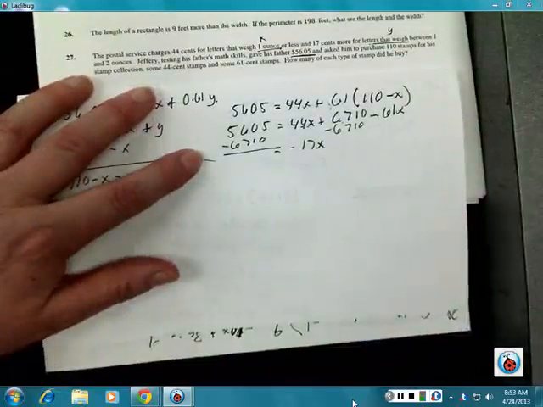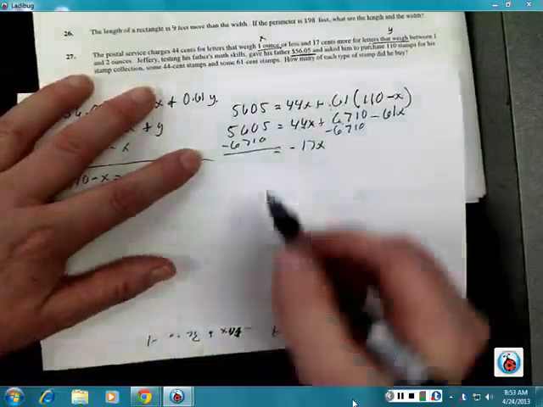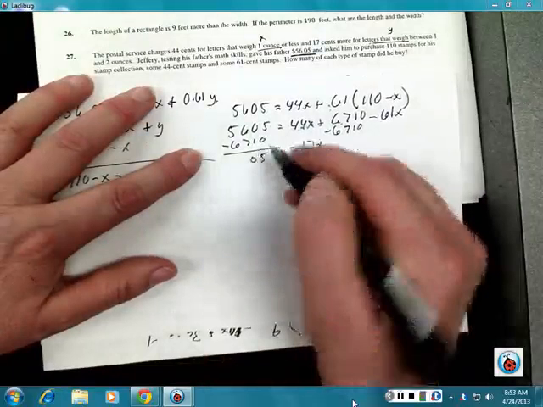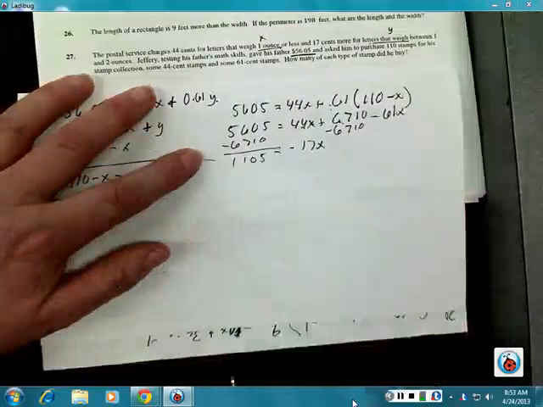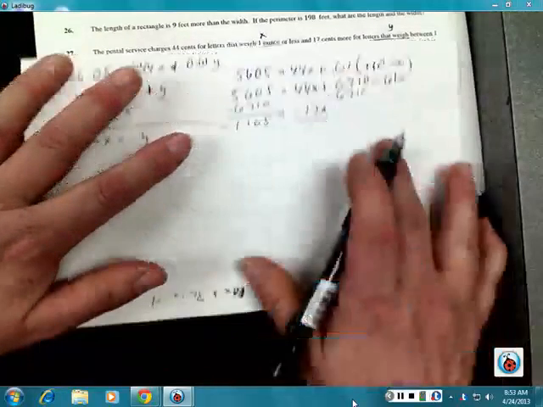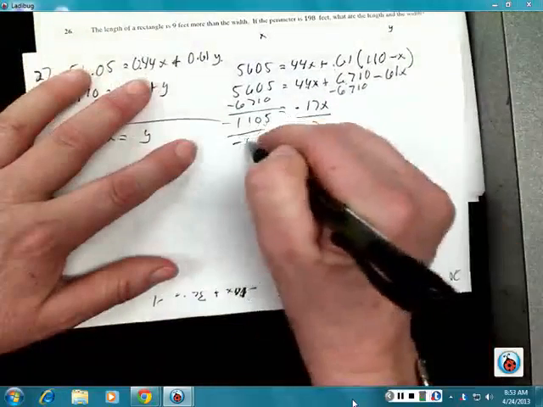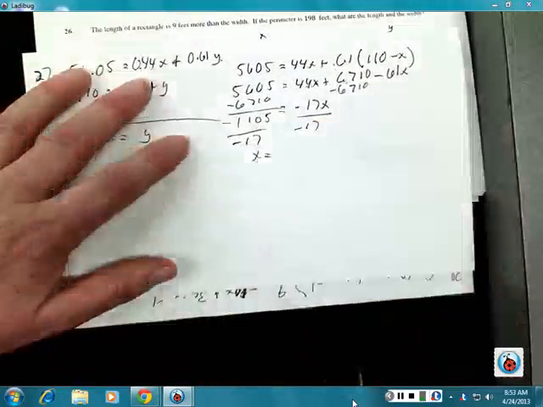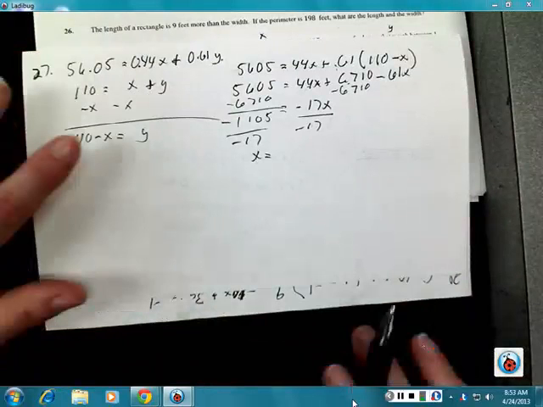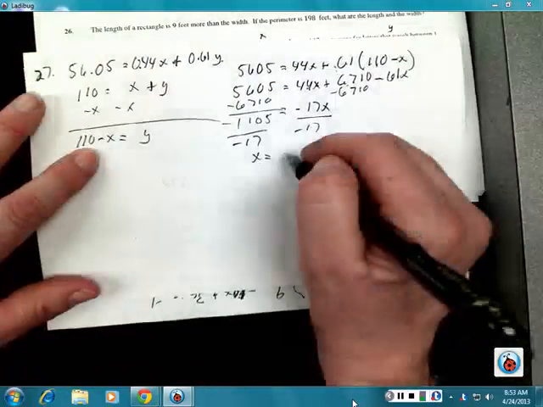And when I do that, what comes out of this piece? So subtract them. I'm going to have negative 1,105, I think. Is that right? Divide by a negative 17. And find out that the father should purchase how many of the 44-cent stamps? How many? 65.